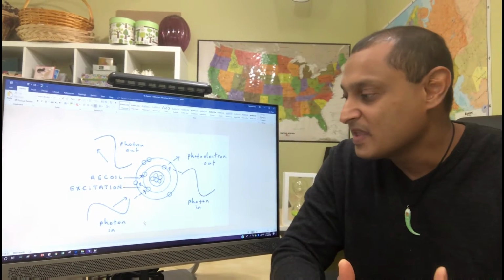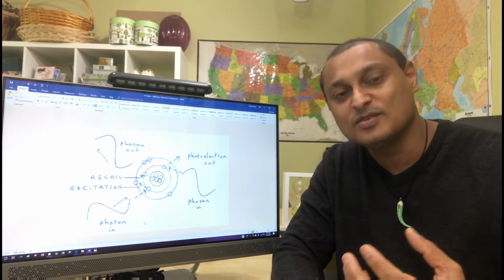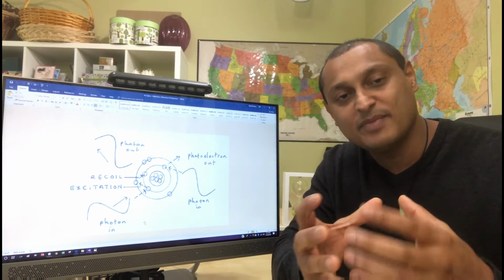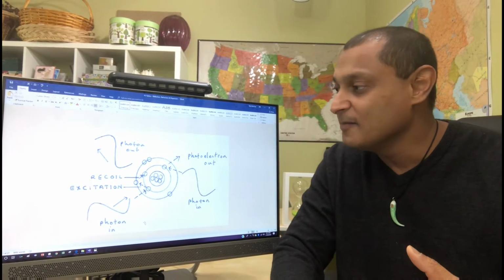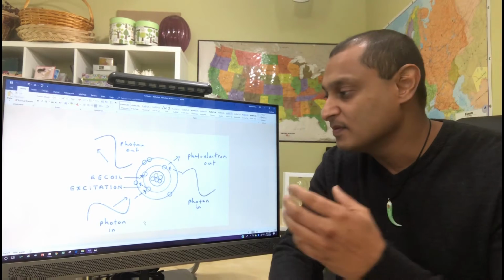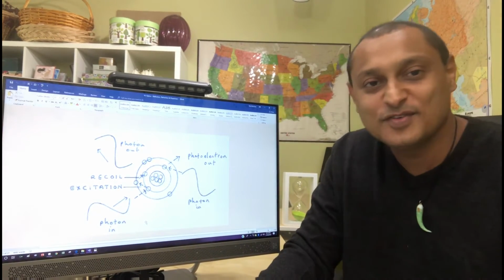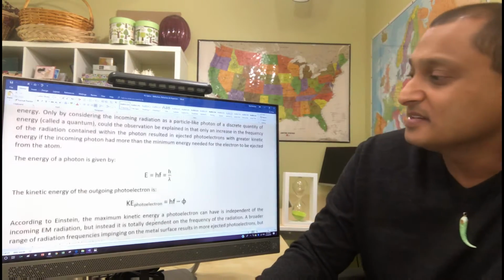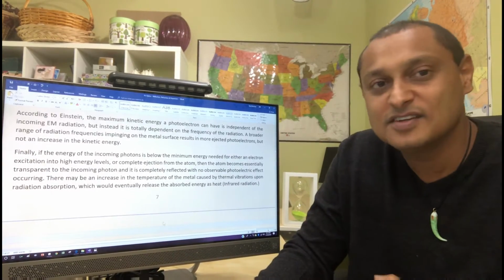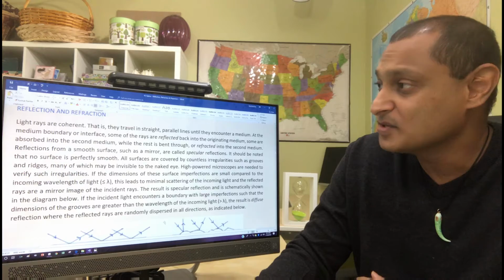So it has to accept a certain particle, that particle being a bundle or a packet of light, a photon, of a set amount of energy before the electron reacts. So this, in a nutshell, is the photoelectric effect. So much more detail was discussed here in the chapter on the photoelectric effect.